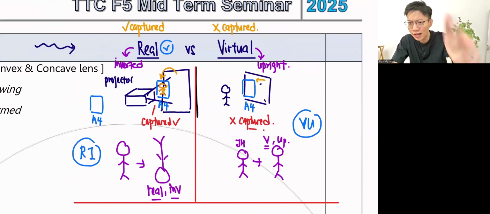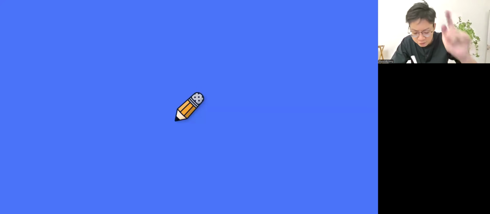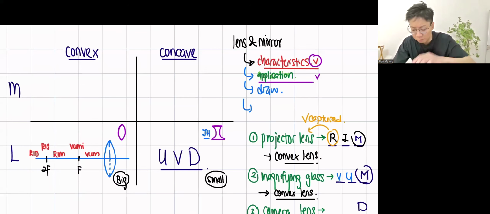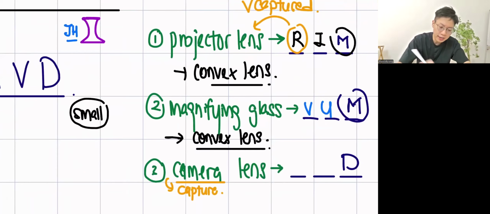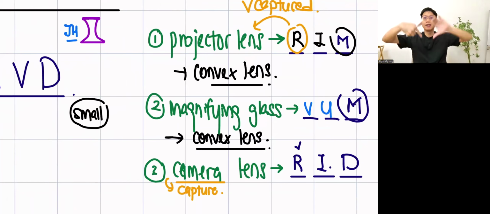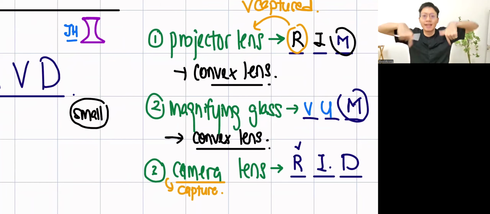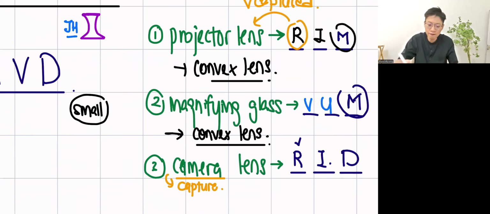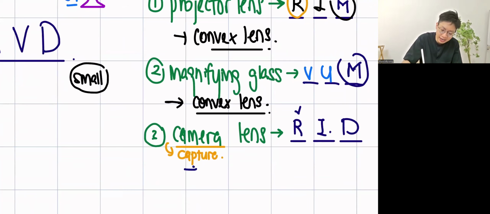So if you want to capture a picture, it has to be a real image. Yes, it is inverted, but it doesn't matter. When you take your picture out, you just have to flip it back, then can already. So therefore, this one is also a convex lens.